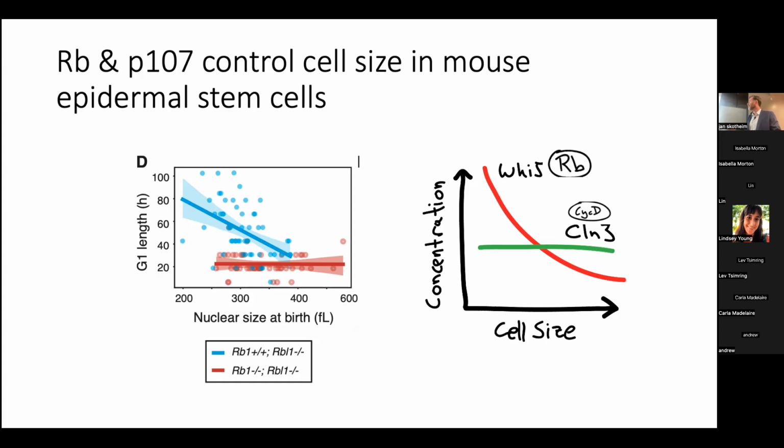So we're comparing here RB null, P107 null to RB plus, P107 null. And when you delete both of those two things, this in red here, you lose the correlation between how long the cells are in G1 and how big the cells are when they're born, right? So basically you kill the size control by deleting these two genes in the skin.